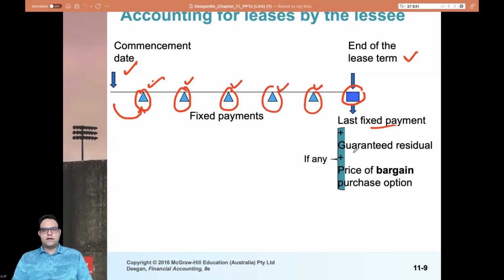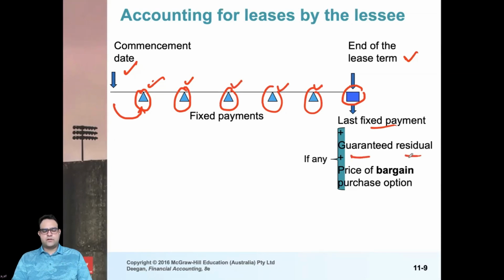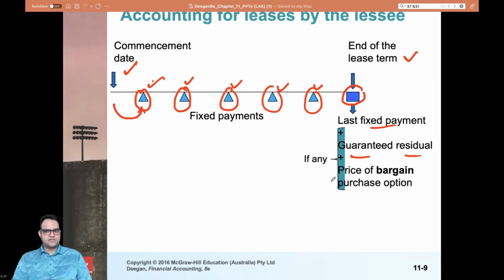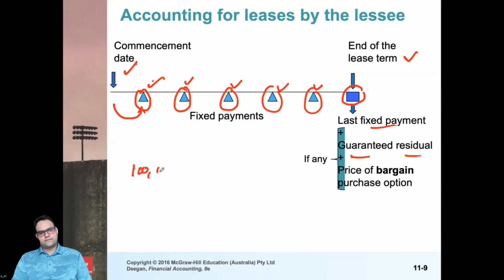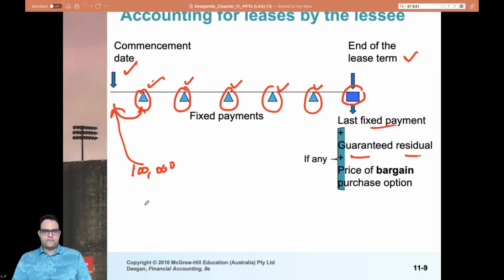Apart from that, there will be a guaranteed residual. What is a guaranteed residual? For example, the asset value is 100,000 at the commencement of the lease, and they sign a contract that after 5 years, you have to return me that asset.